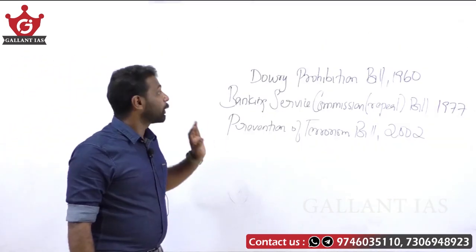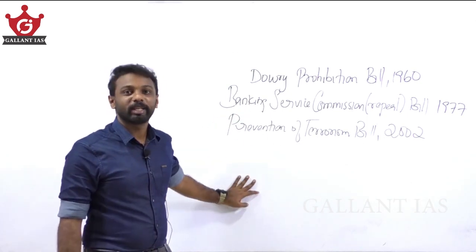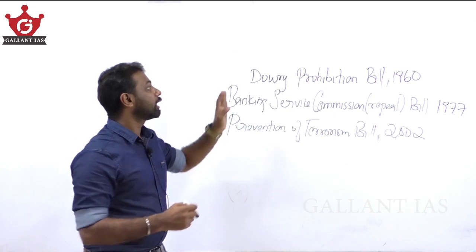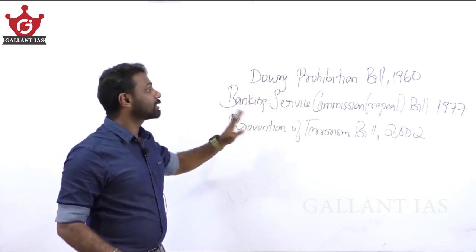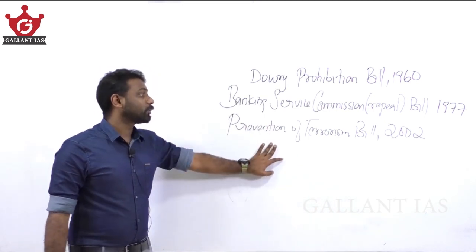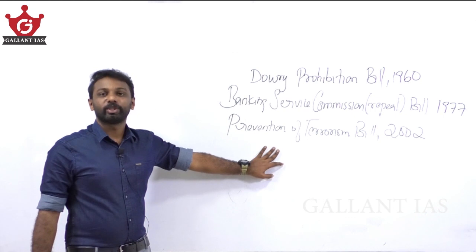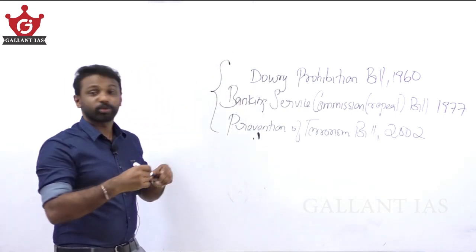And so far, only 3 times have bills been passed through a joint sitting of both Houses of Parliament. They are the Dowry Prohibition Bill of 1960, the Banking Service Commission Repeal Bill of 1977, and the Prevention of Terrorism Bill 2002. These are the only 3 bills as of now passed through a joint sitting.